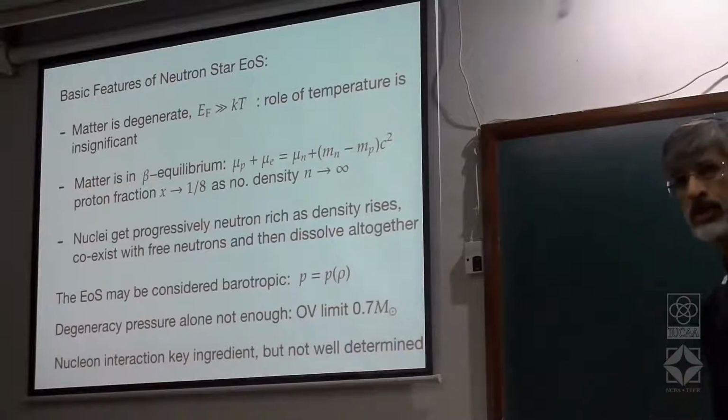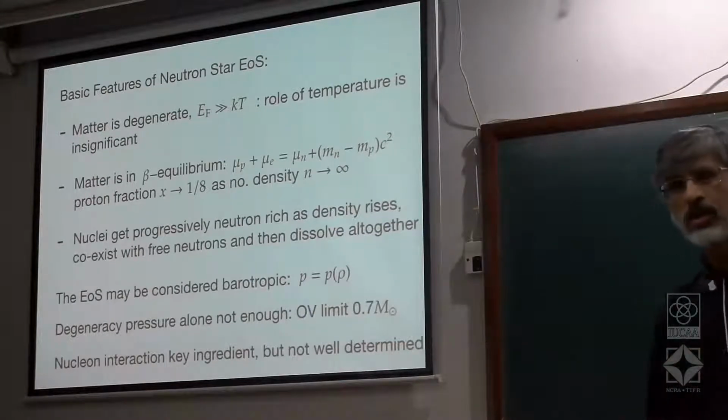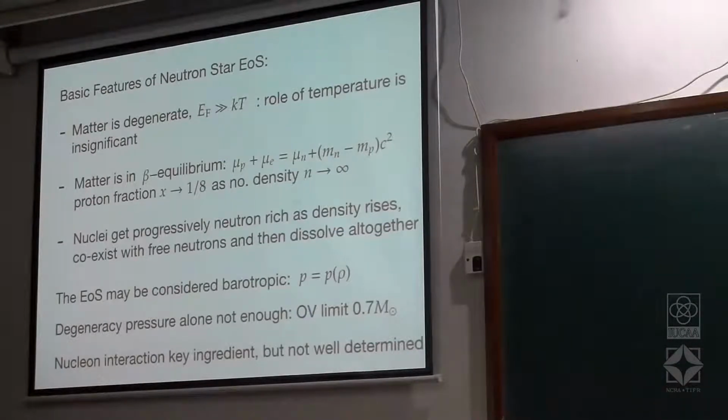and you add muons as well, then what will happen is initially the proton fraction, starting from nearly 50% at the surface, will keep going down. It will hit a minimum near the nuclear density, and then it will rise again, and as density tends to infinity, the proton fraction will saturate at 1/8.